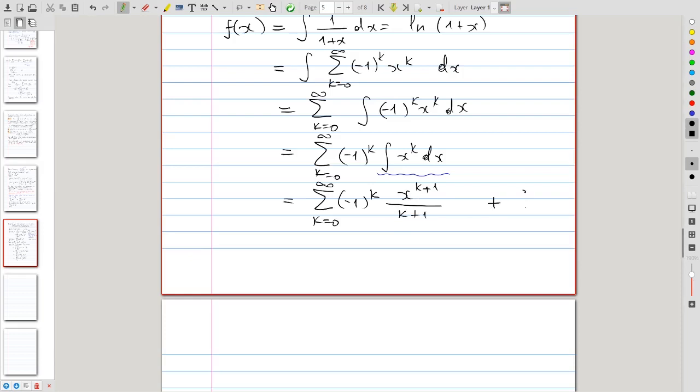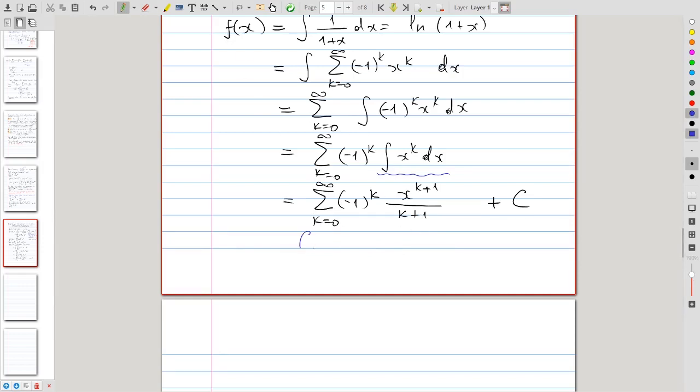And we will add a single integration constant for all the antiderivatives. So what we are saying here is basically we are choosing the antiderivatives in each integral like so, and then we have a single overall constant of integration over here. This can be further simplified by changing indexing. So first let us conclude by saying that this is the power series representation for f of x.